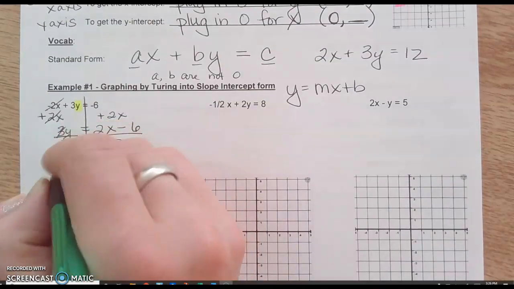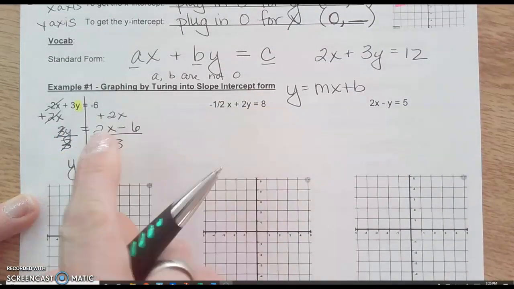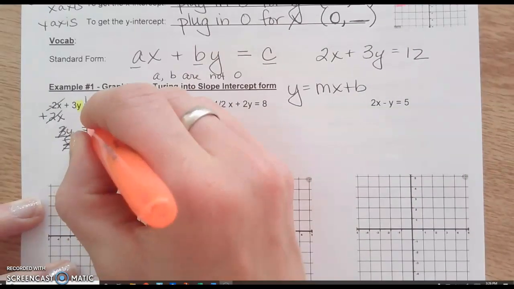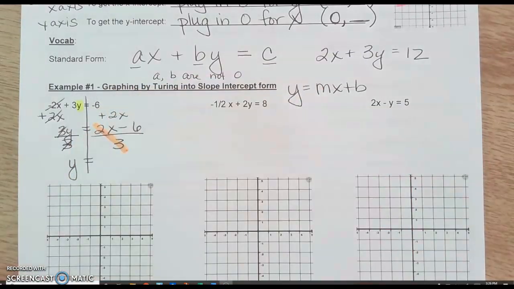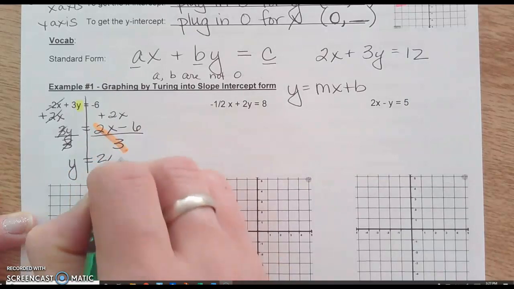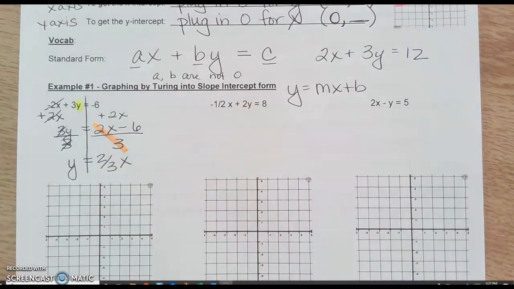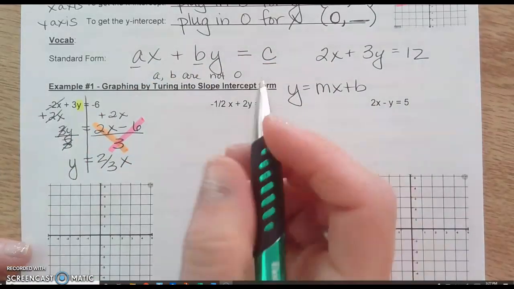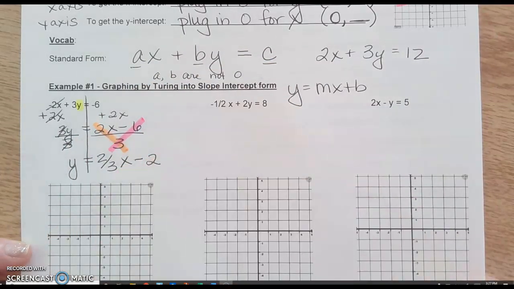So I got y by itself, cool, but I need to simplify this. So I'm going to highlight and show that I have to put this together. That's 2/3, right? 2 divided by 3, 2/3 x. And then I also have to look at what this gives me. Negative 6 divided by 3 is negative 2.